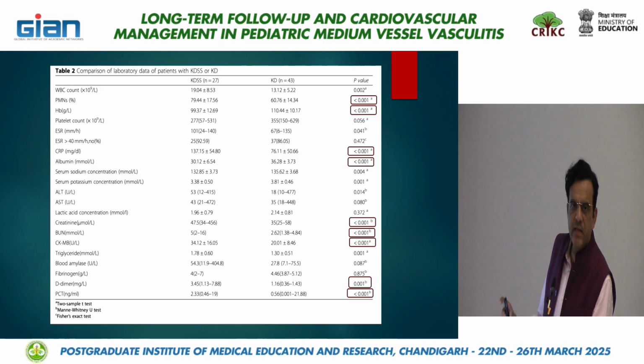Kawasaki disease shock syndrome is multi-organ. So the patients also had higher creatinine, higher blood urea nitrogen, and myocardial dysfunction was recognized by higher CK-MB value. D-dimer was raised in these patients and procalcitonin was also raised.